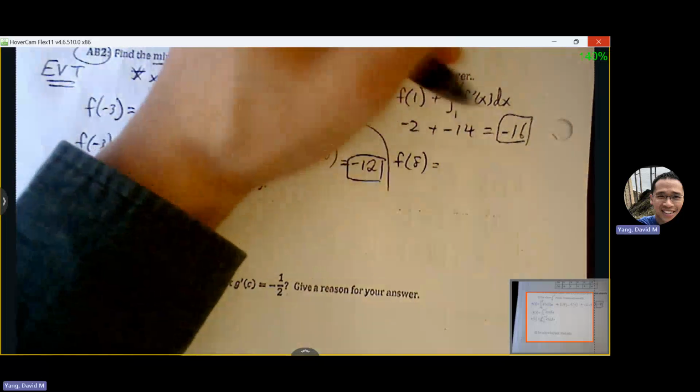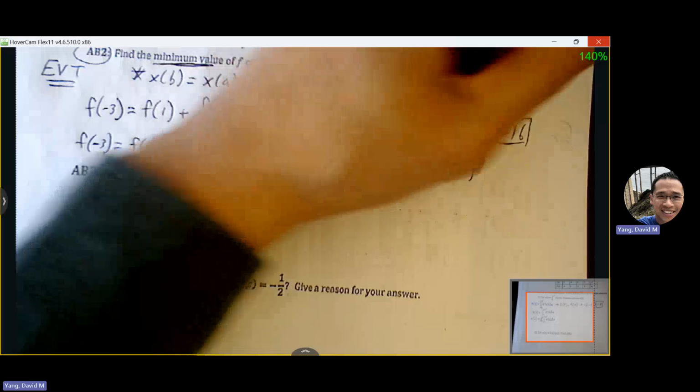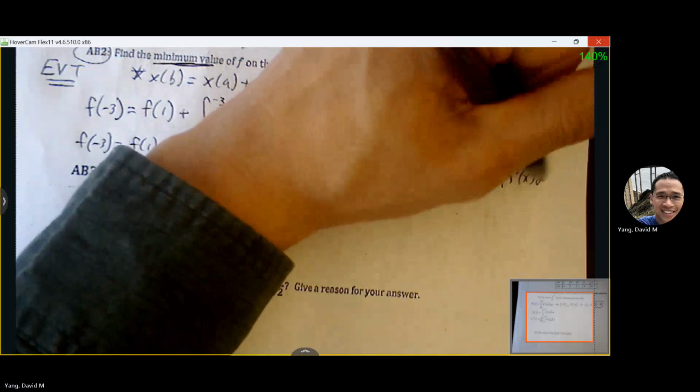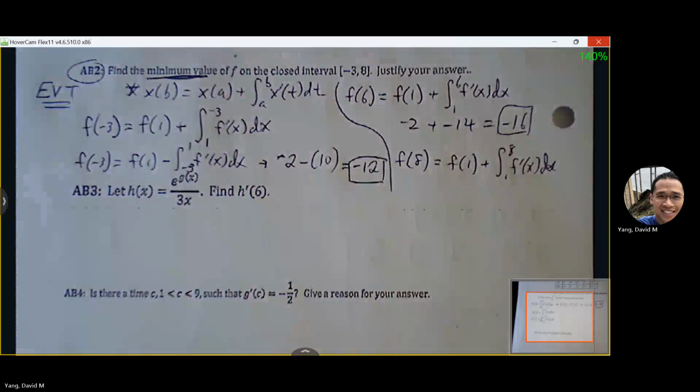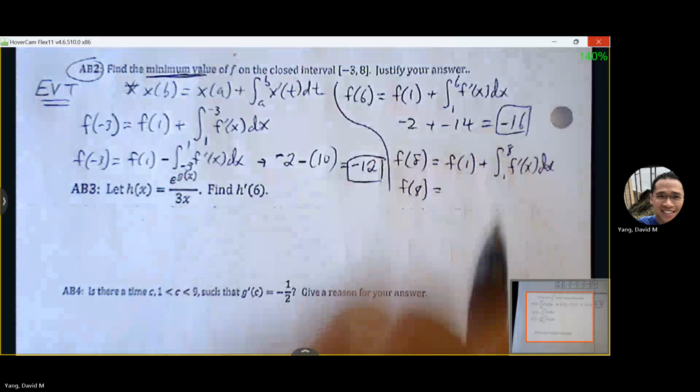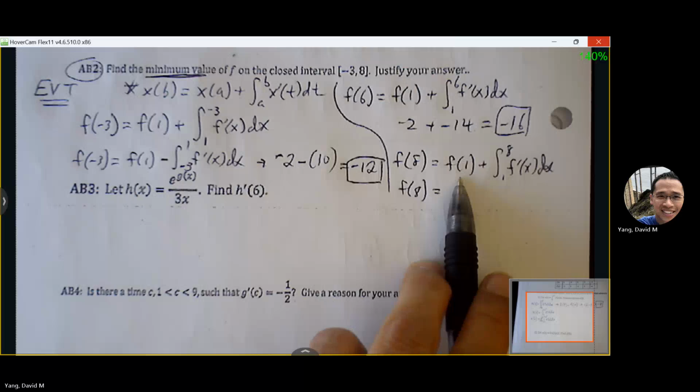Finally, f of 8 is f of 1 plus the integral from 1 to 8 of f prime. F of 1 again is -2.